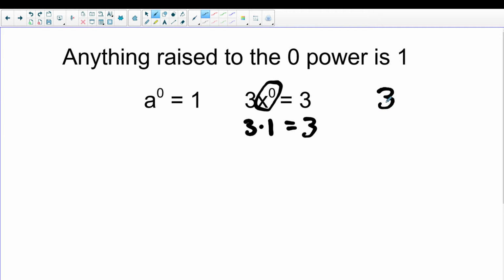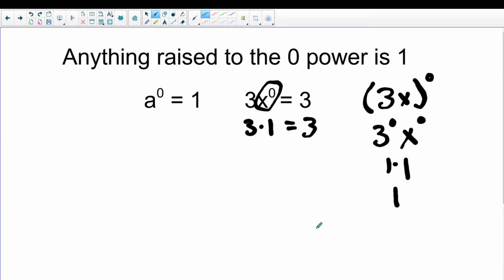If I had 3x in parentheses to the 0 power, then everything in here would get this 0 power. So this would be 3 to the 0 power times x to the 0 power, which would be 1 times 1, which would just be 1. Okay, so anything raised to the 0 power is going to be 1.